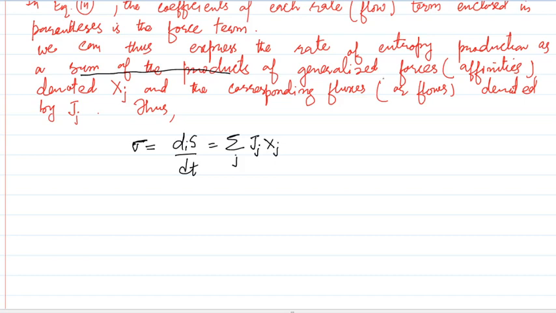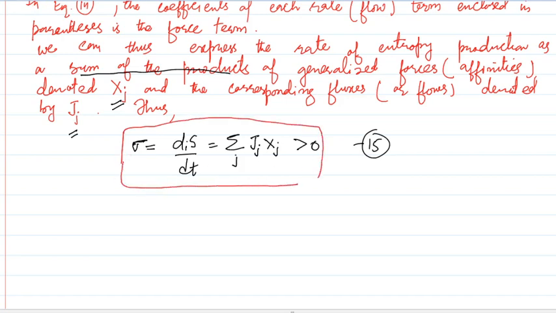Here the product of generalized force, which is represented by X subscript j, and corresponding fluxes by Jj. So simply we will write this equation, it will be greater than 0. So this is the net equation for a system or an open system.